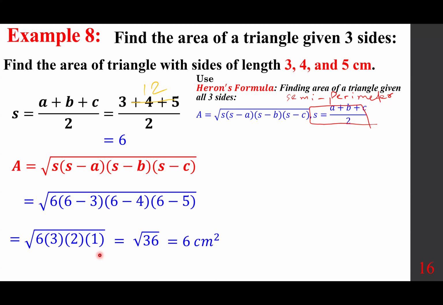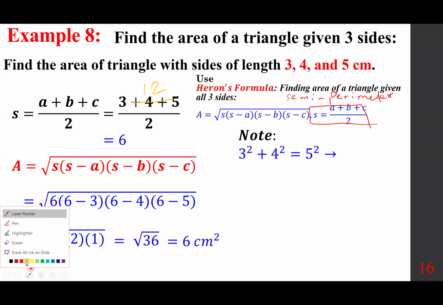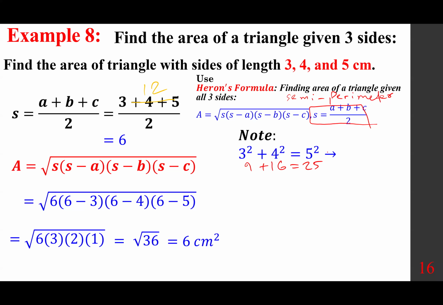I want to quickly show you something. Of course, I have the proof of this at the end. As far as Heron's formula, the proof is very long. But just to see how that works, I picked those numbers on purpose. 3 squared plus 4 squared is 5 squared, because this is 9, this is 16, this is 25, which means it must be a right triangle.